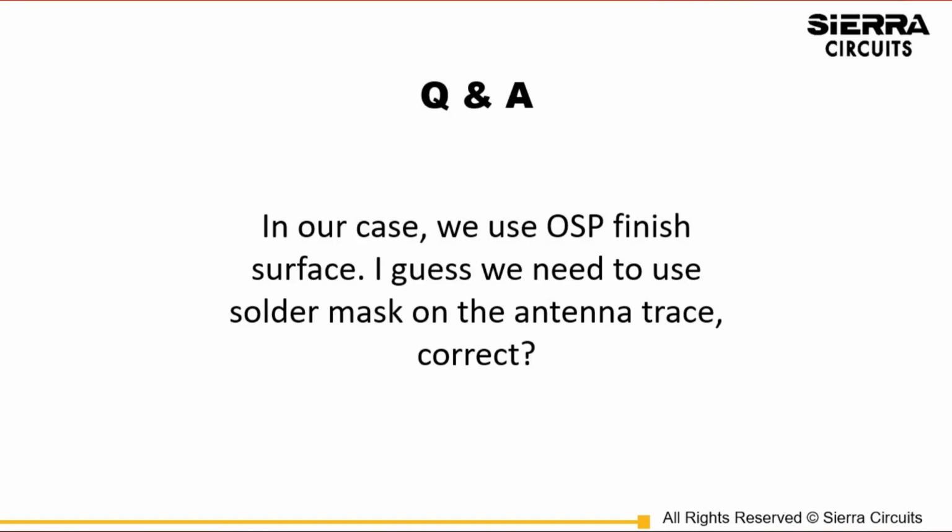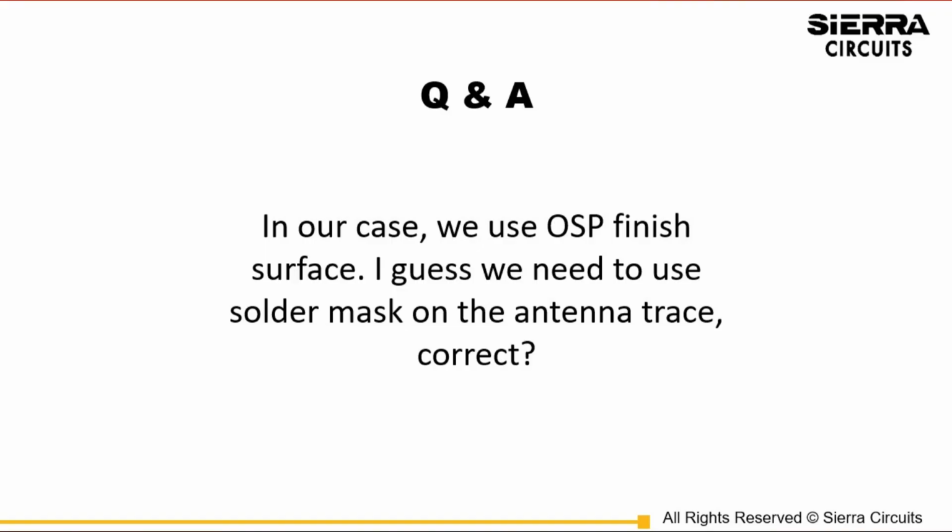OSP finish is normally used to take care of the time between the PCB manufacturing and the assembly if it is quite a wide gap. Its life is not very long. That is the reason why OSP finish may serve the purpose in the beginning, but it will not serve the purpose for a long time.